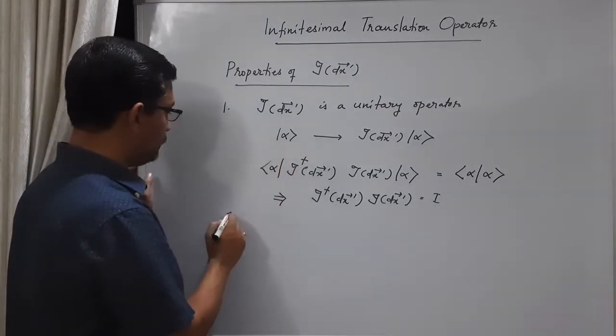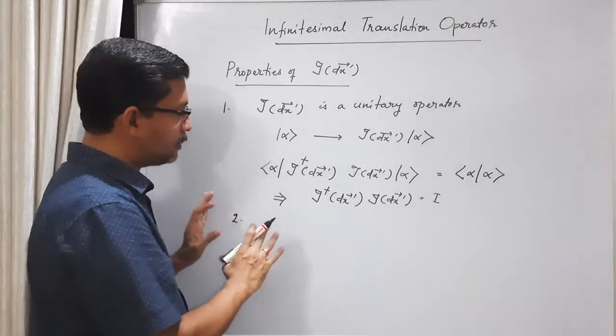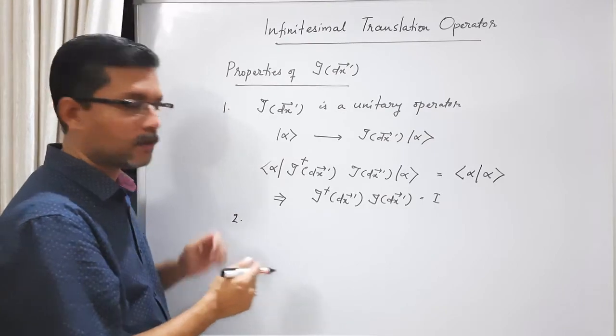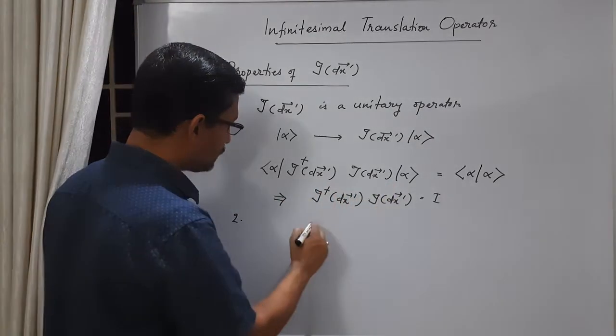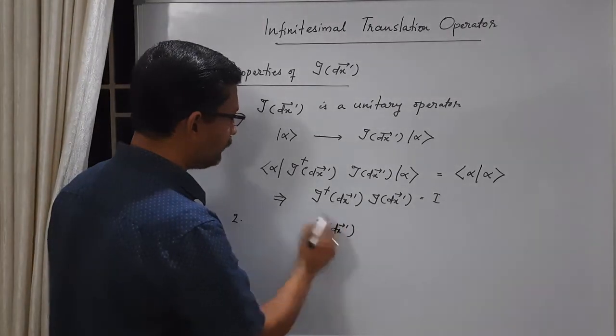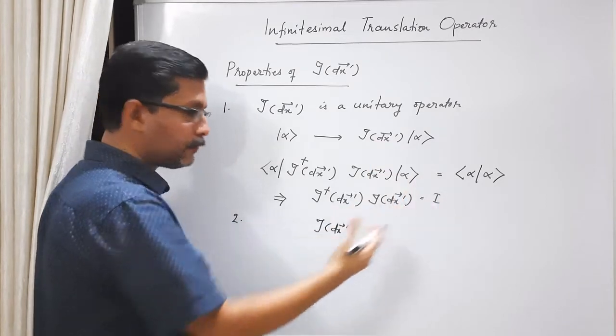This is the first property, and the second property is to consider two sequential actions of this infinitesimal translation operator. Suppose first J dx prime is acting on any vector, and we know that an operator acts on a vector from left to right.